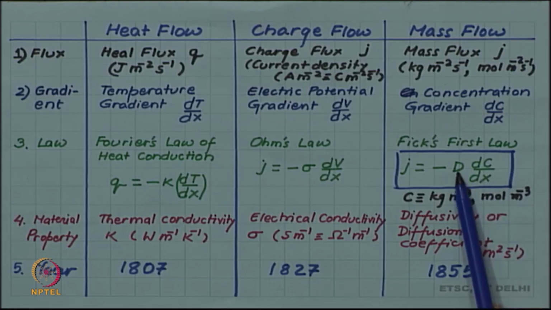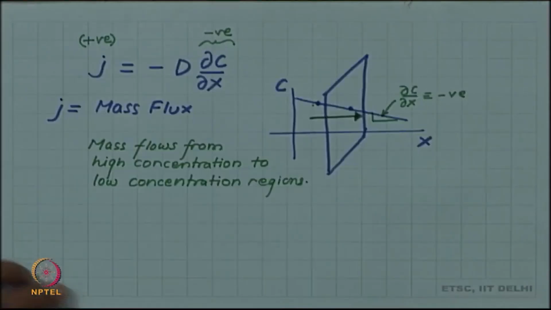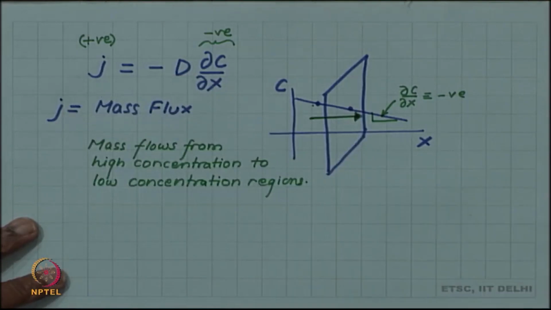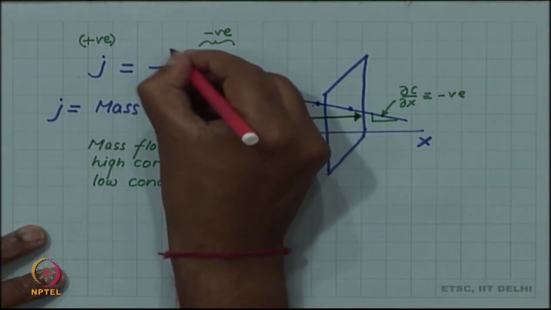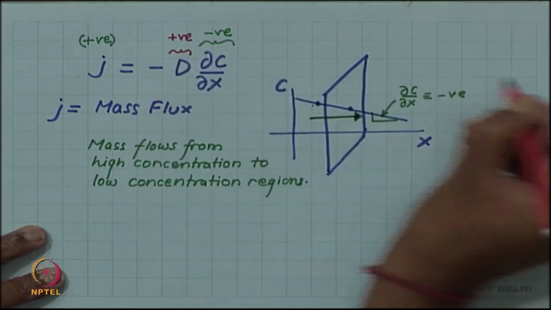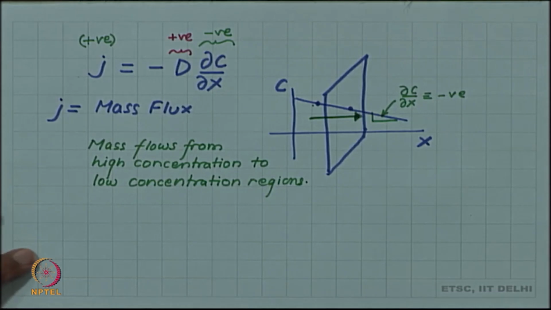If we want to keep them as positive quantities, we have to have a minus sign in all these equations. So, this D, if we want positive, then this minus sign should be there.